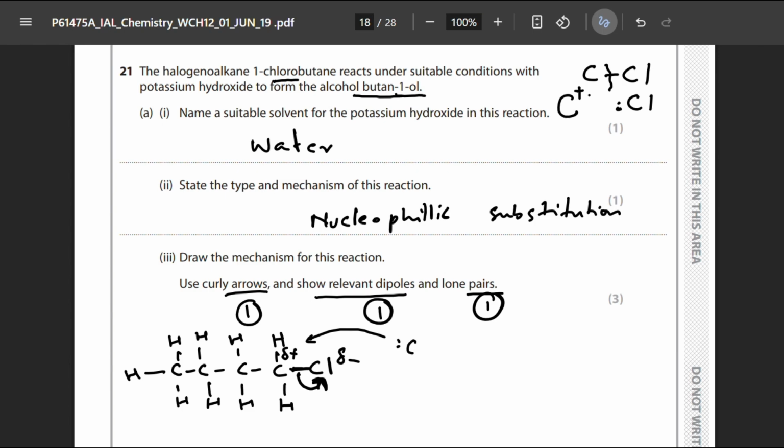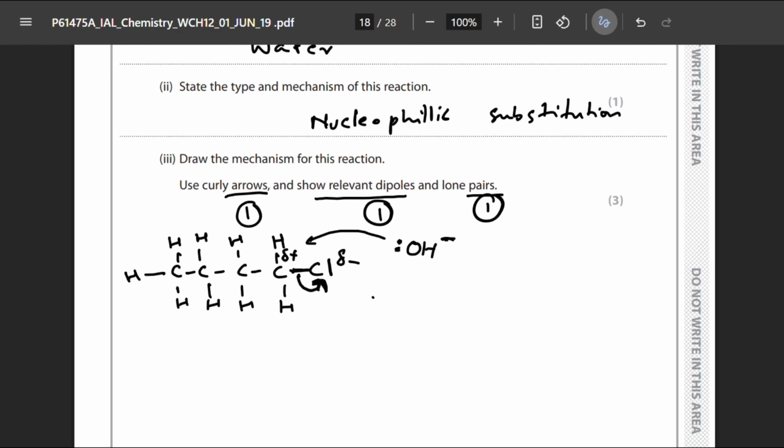And on this partial positive carbon, the OH will attack. OH here acts as a nucleophile because it has a lone pair of electrons and a negative charge, so it will be attracted towards the nucleus.